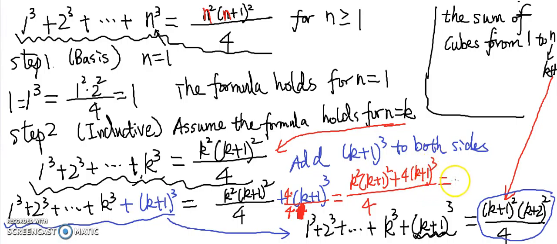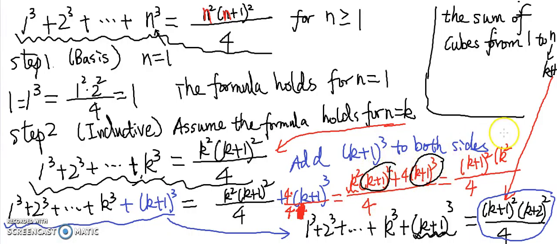And now, without multiplying the top out, we can see there is a greatest common factor, k plus 1 squared. Because we have a cubed, of course, it contains squared. So we're going to factor out k plus 1 squared. And now we're left with the k squared inside, since we factor out k plus 1 squared.